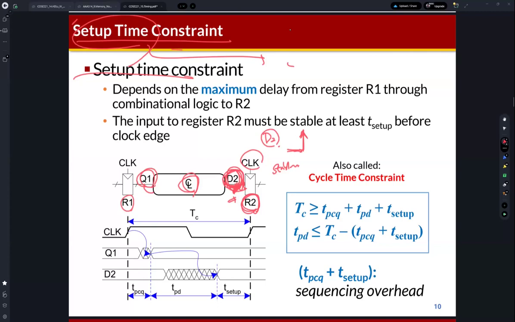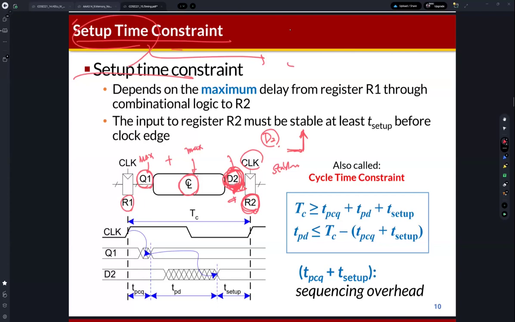Then how can you calculate the maximum delay? Until the signal reaches this point, we need to consider the delay of Q1 from this D flip-flop. Also, we need to consider the delay of the combinational logic. Then what is the maximum delay for this point? The maximum delay is the maximum delay of this Q1 plus the maximum delay of this combinational logic, right?